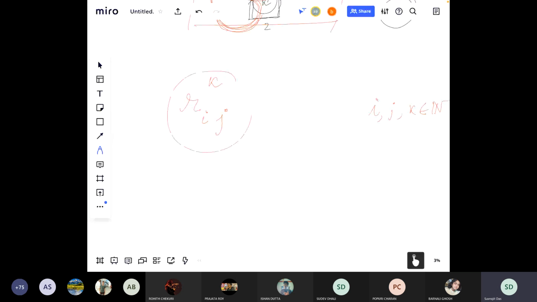So what we mean is Rijk is an expression to represent all strings that take you from state I to state J, but not going through any state numbered higher than K. So Rijk is an ensemble of all strings that take you from state I to state J, possibly going through the kth state.